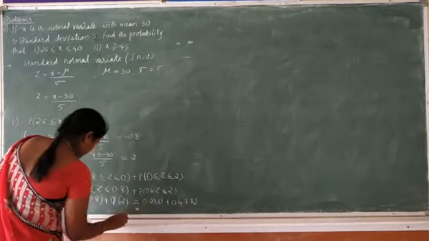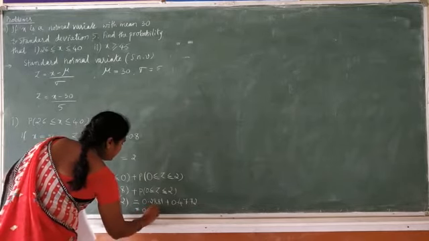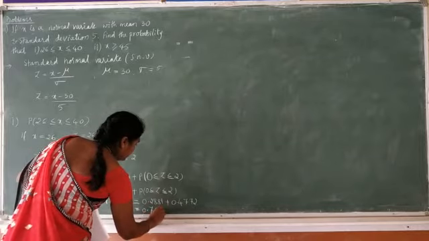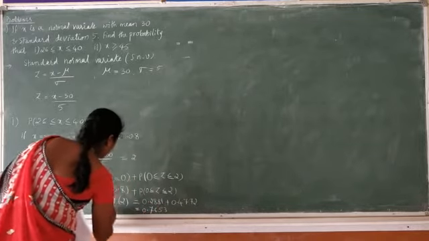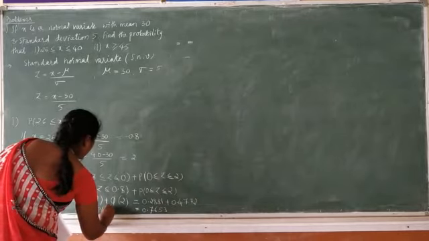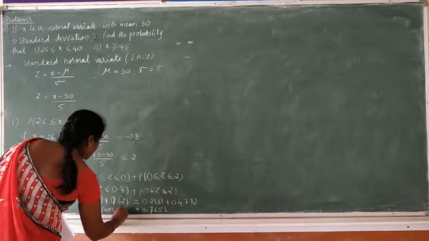After adding these two values we have 0.7653, that is P of minus 0.8 less than or equal to z less than or equal to 2.